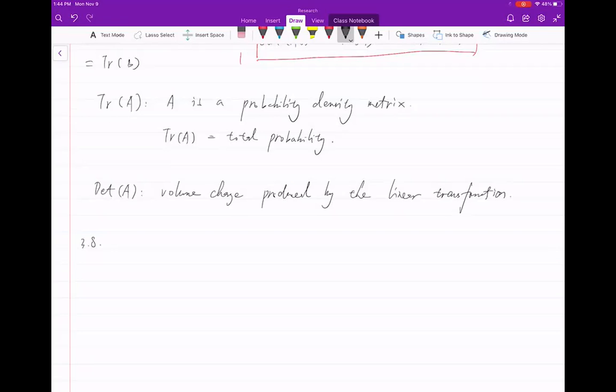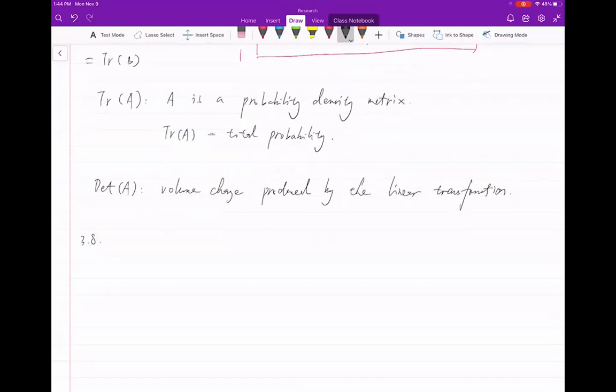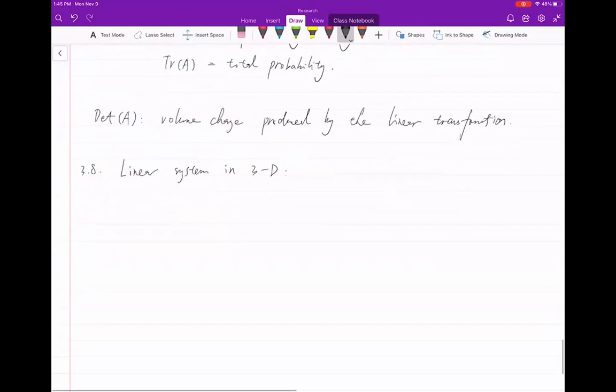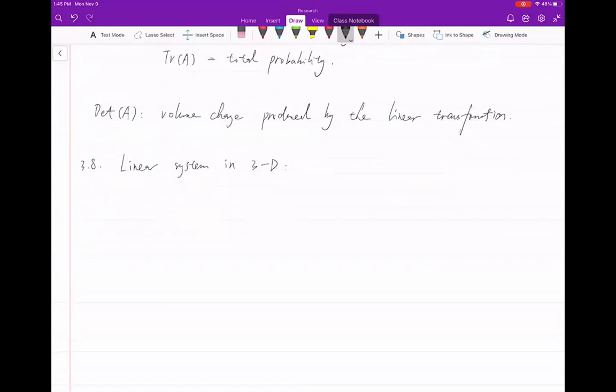If no question, 3.8, linear system in 3D. We did the phase portrait for all the possible cases: spiral, center, two straight lines, things like that.